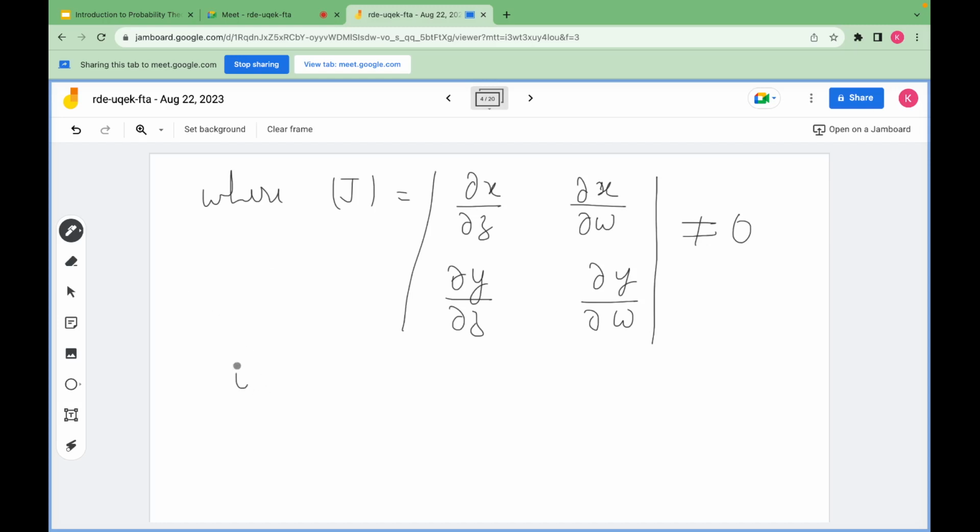This is a very important result, because from this formula we can solve any problems related to distribution functions of random variables.